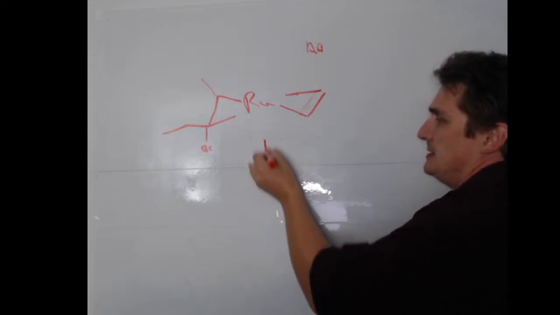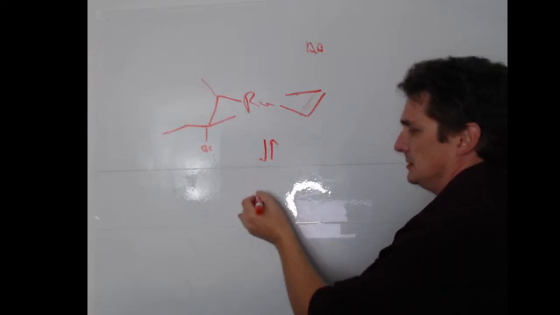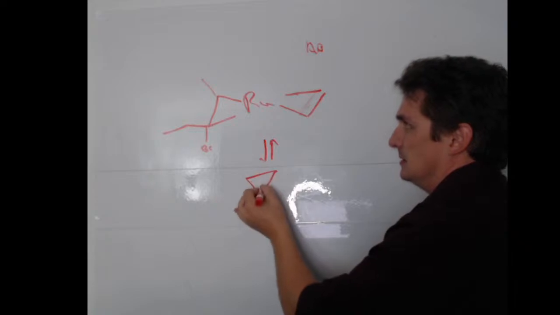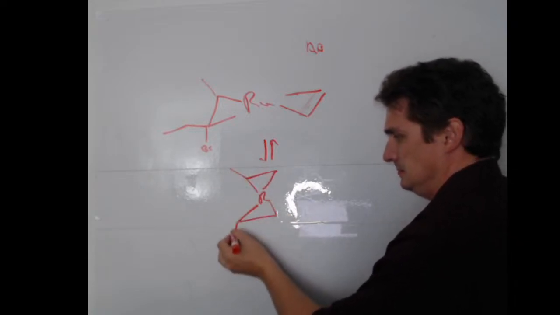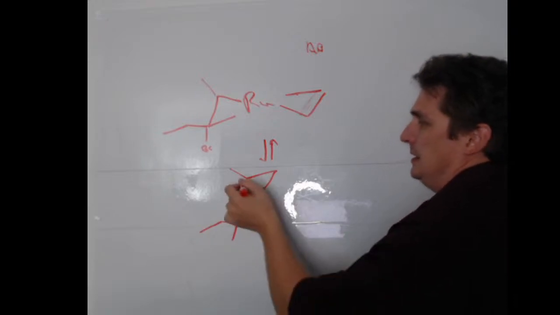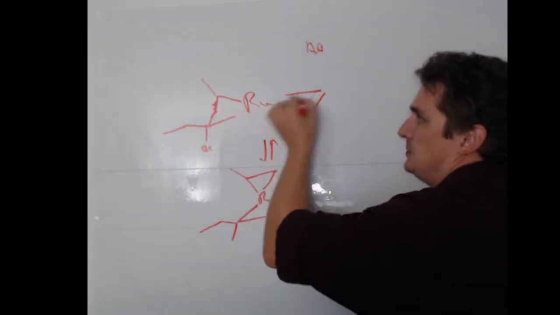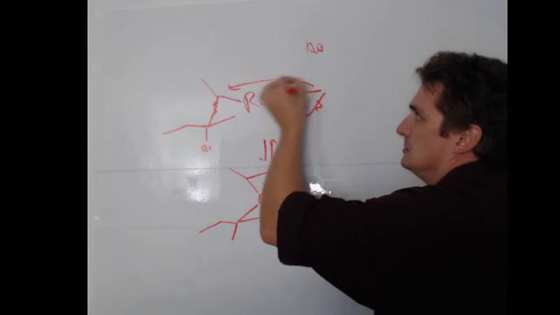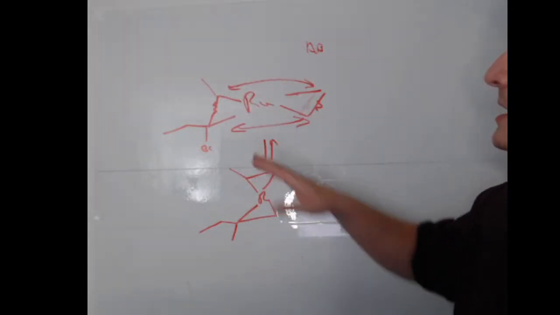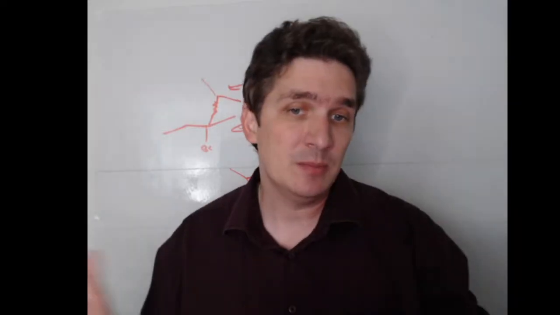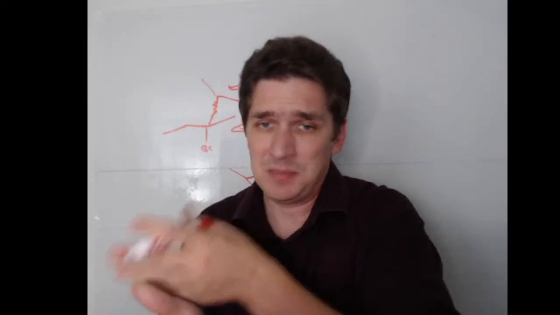Now, this is a reversible reaction. So this bond will break and these four carbons will form bonds with each other. So they're going back and forth, making and breaking these bonds. But again, none of this is predicted by Lewis theory.